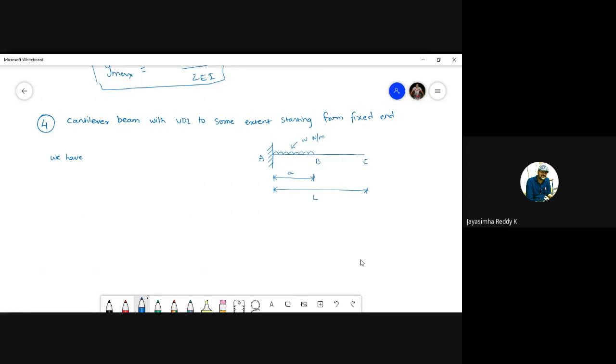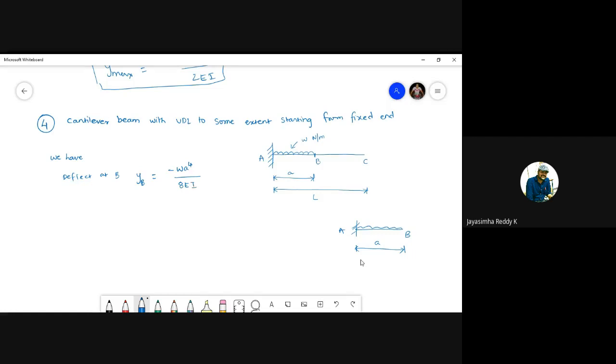From the second condition, students, please refer to the second condition: a cantilever beam with uniformly distributed load throughout the length. Let us consider the beam only up to B. We have already solved this: the deflection at B, YB, is equal to wa⁴ by 8EI.